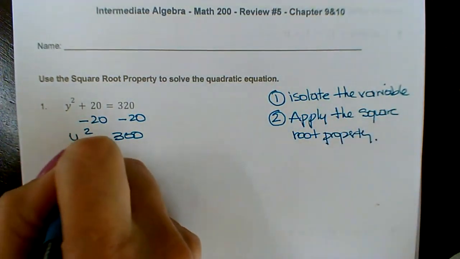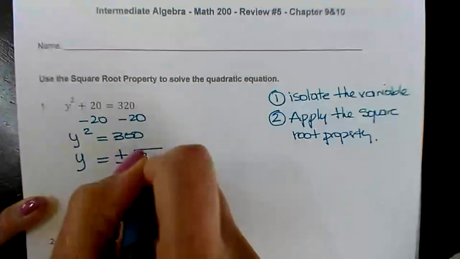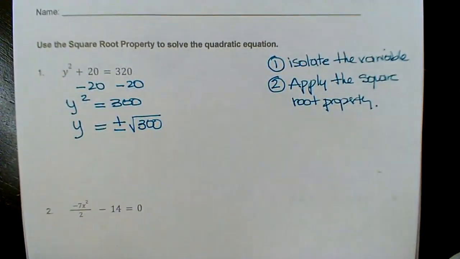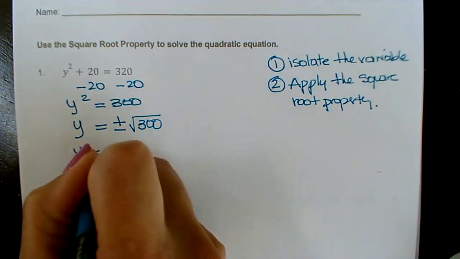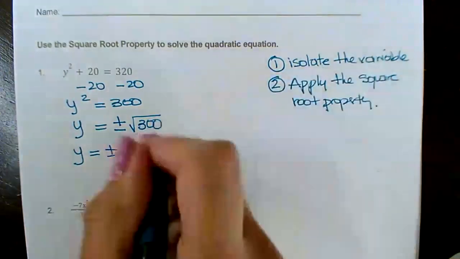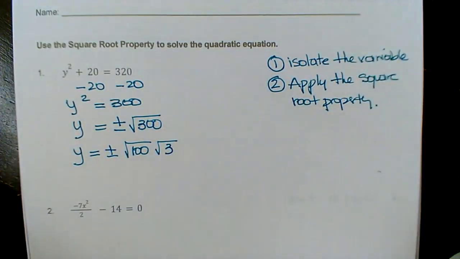So this is going to be y equal to plus and minus the square root of 300. We could split the square root between the square root of what? 100, which we know is 10, times the square root of 3.